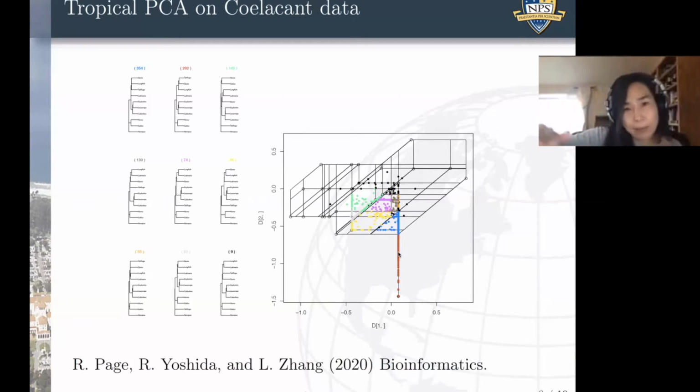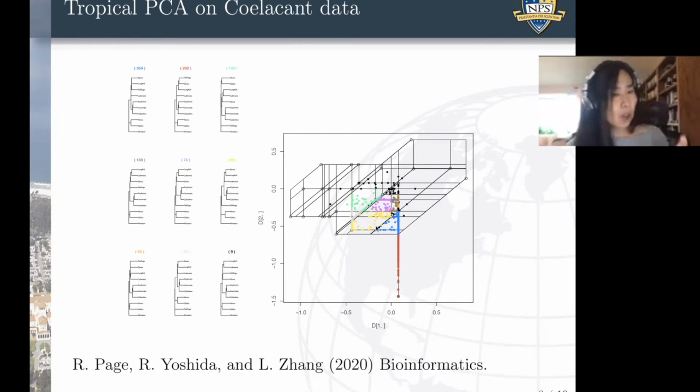Inside of the tree space, all points inside of this tropical polytope form the best fit tropical polytope to the data set. That's what we did.